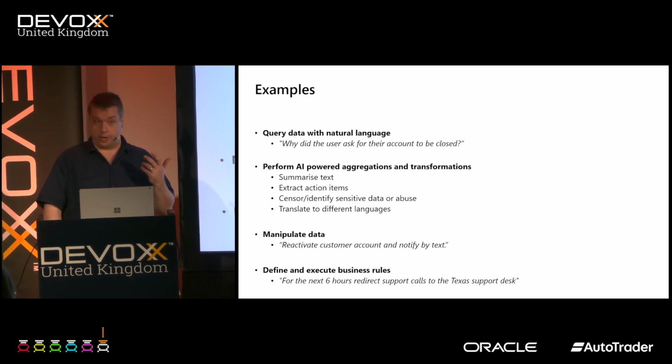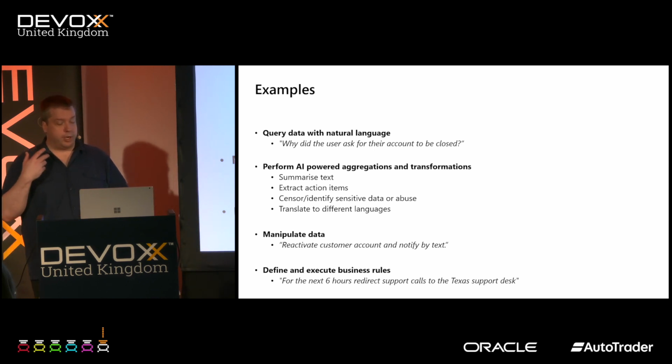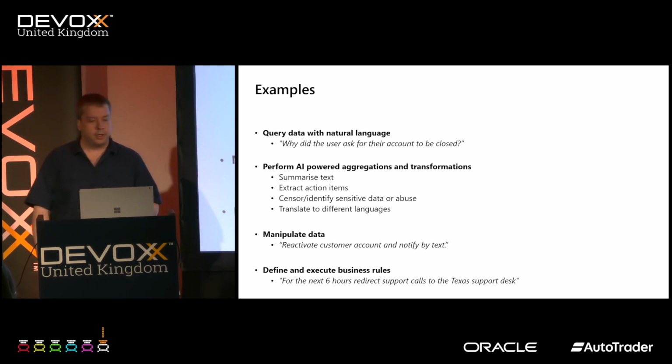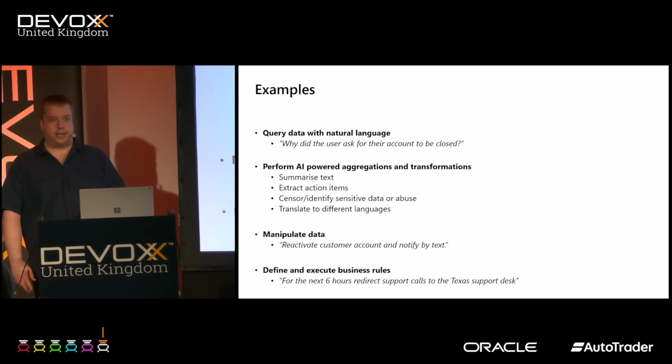It can allow users to manipulate their data, again using natural language, so you don't need to code an entirely complex UI to allow a user to describe how to change their data. We can also do things like defining business rules.